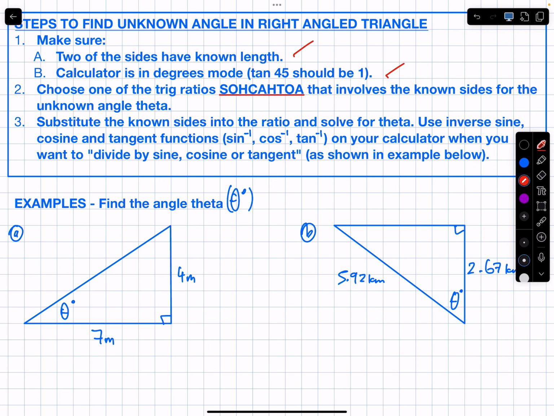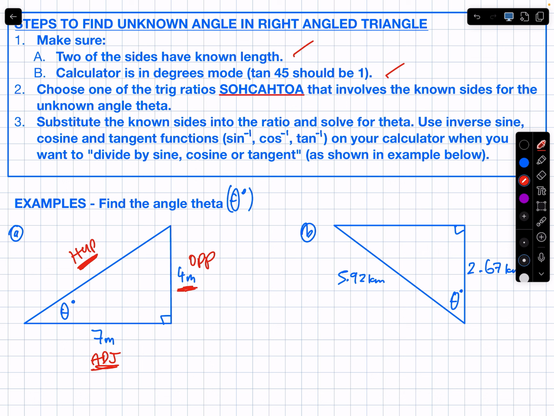Choose one of the trig ratios, SOHCAHTOA, that involves the known sides. You did an exercise labeling sides. What would this side be called out of hypotenuse, opposite, and adjacent? That would be the hypotenuse. What would 4 be? Opposite. What would 7 be? Adjacent. So I've labeled them.